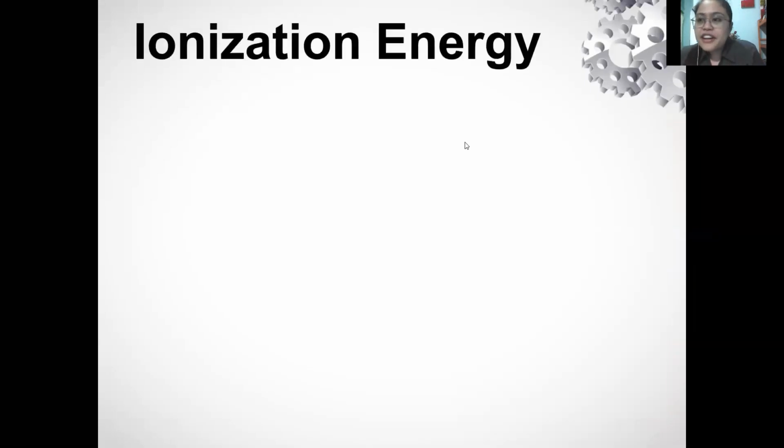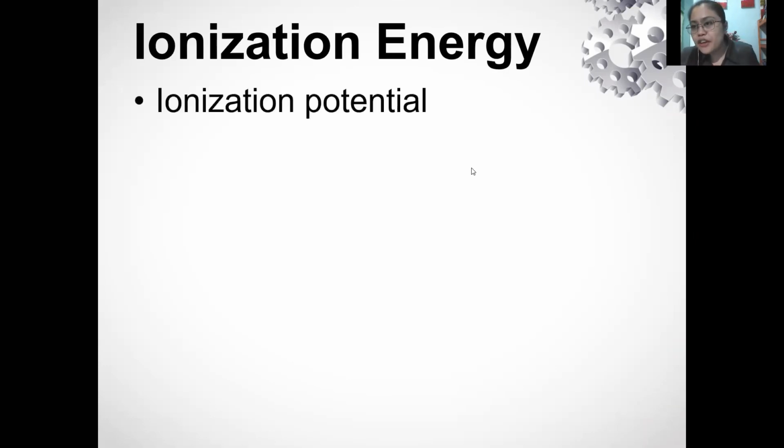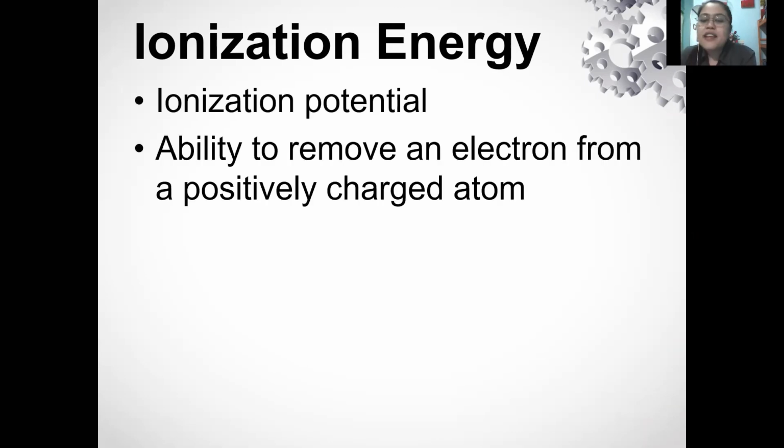And then the third periodic trend is we have the ionization energy, or sometimes we call it ionization potential. So how do you define this? It's the ability of an element or an atom to remove an electron from a positively charged atom. Anong kaibahan nila sa electronegativity? Sa electronegativity, mag-a-attract lang siya ng electrons from other elements.